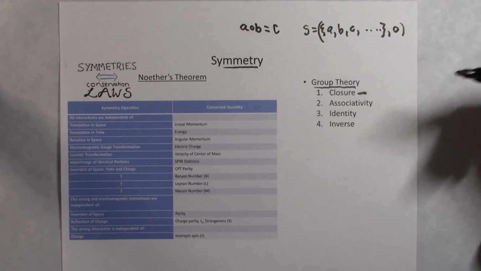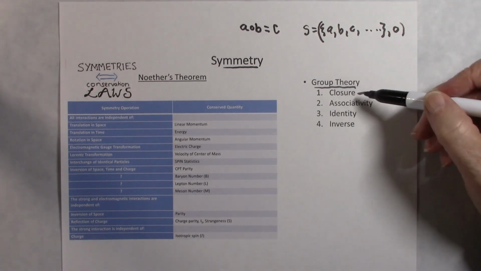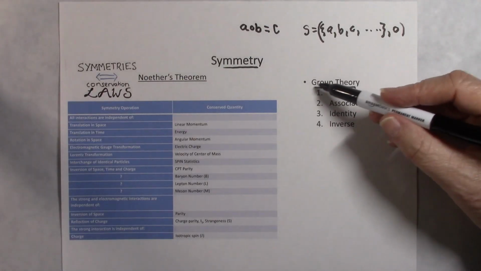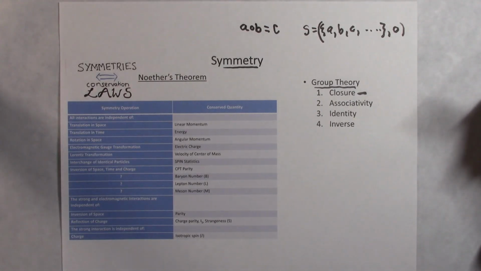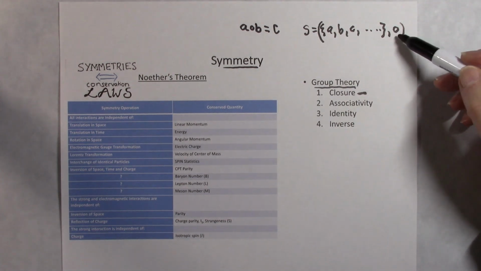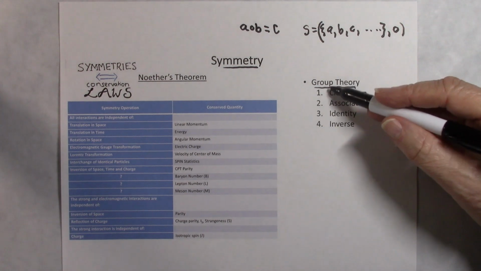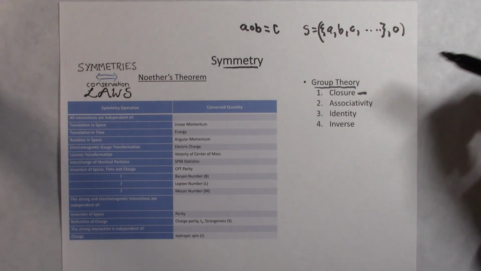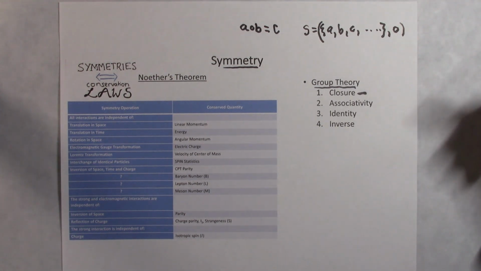Group theory is an algebra. All groups have closure. But groups have three other rules that have to hold if the structure of a set with a correspondence rule is to be considered a group. So one of the other rules is called associativity.